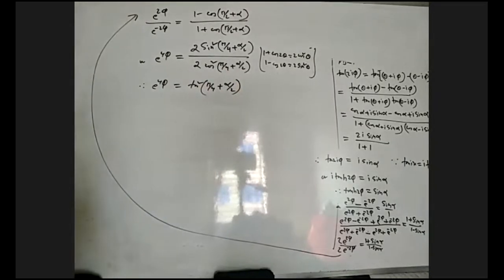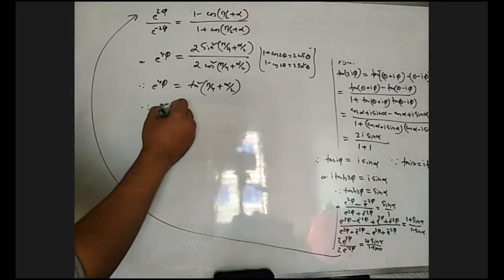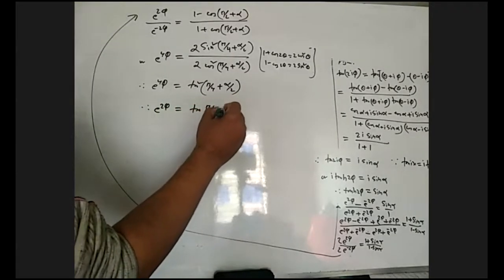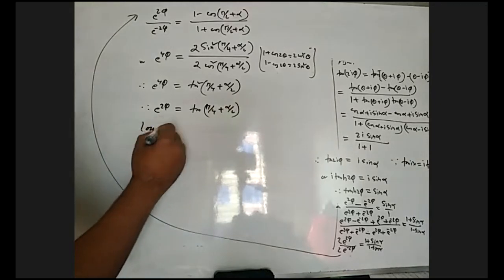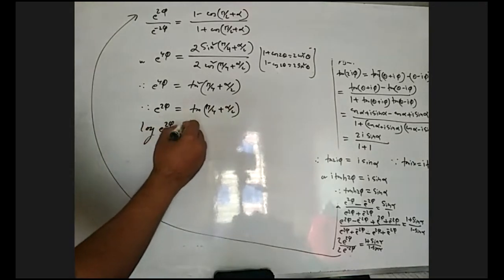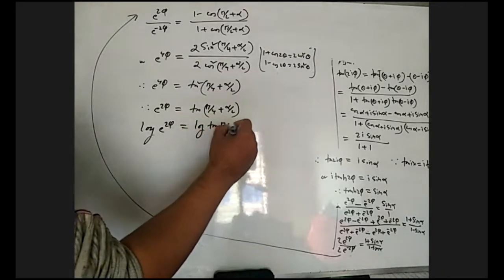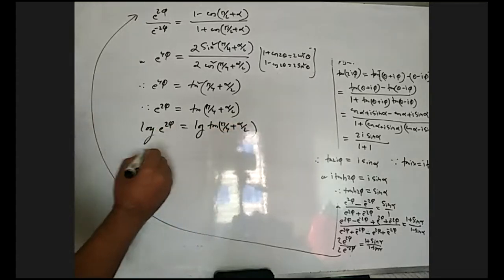Now taking the square root on both sides, we get e to the power twice π equals tan of (π/4 plus α/2). Now taking log, log of e to the power twice π equals log tan of (π/4 plus α/2), but log e will be removed.